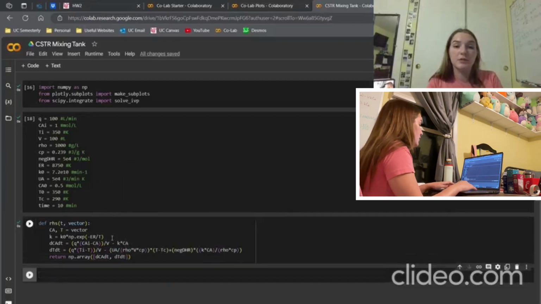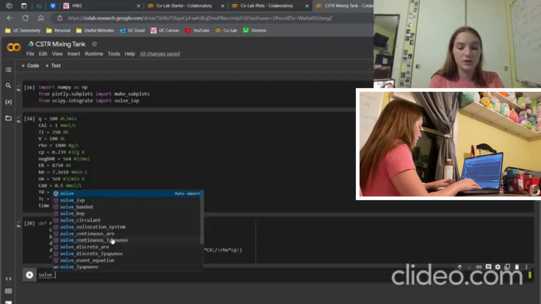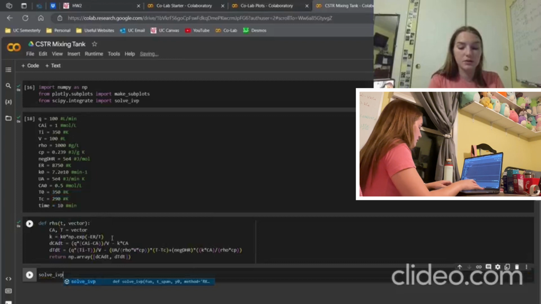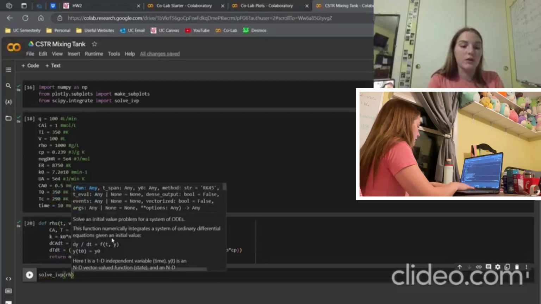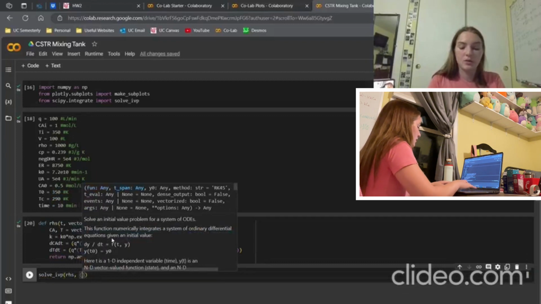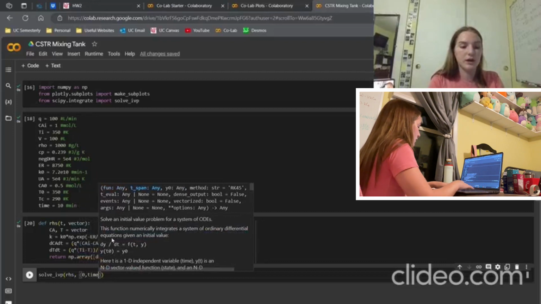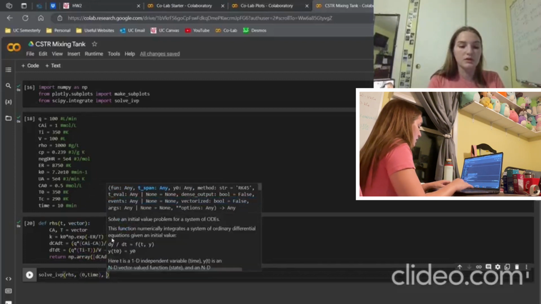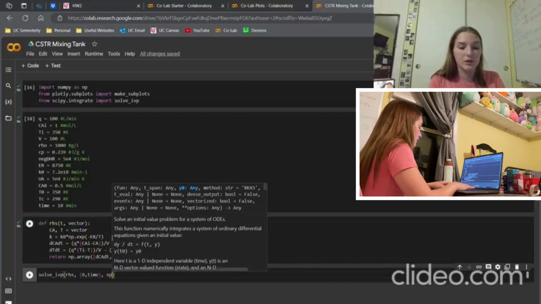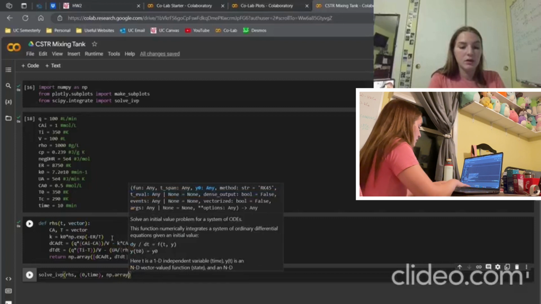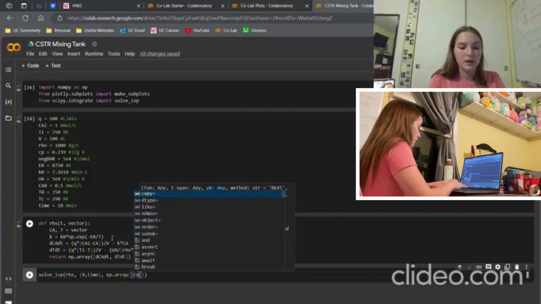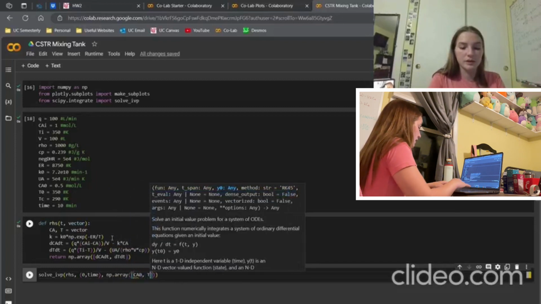So now we can use solve IVP to evaluate these differential equations. We're going to evaluate our right-hand side from 0 to our time. We also need to initialize our dependent variables, so we need to have an array of our CA naught and our T naught.